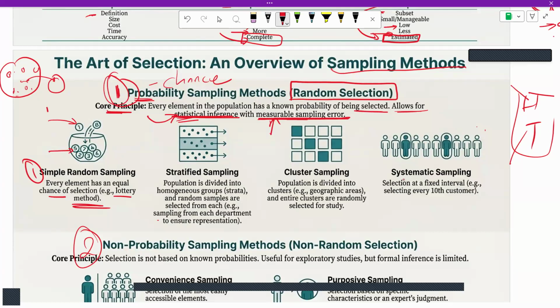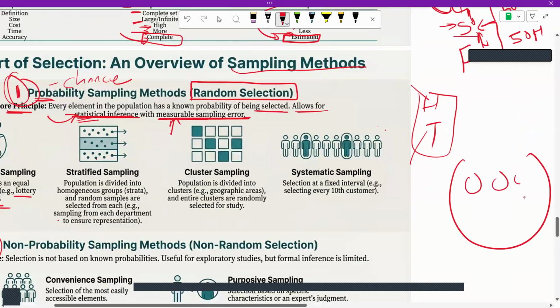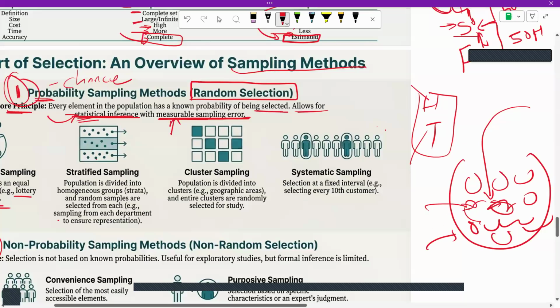Here in a black bag, there are fruits. You put your hand and pick one. We don't know which one is going to be selected. So that is simple random sampling. Within the bag, there are apples, mangoes, pineapple, banana, orange.